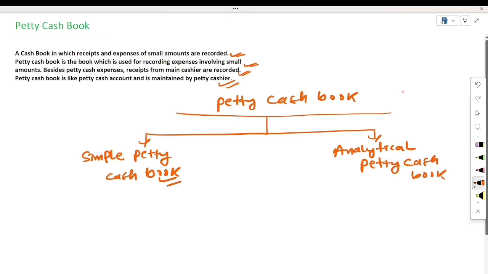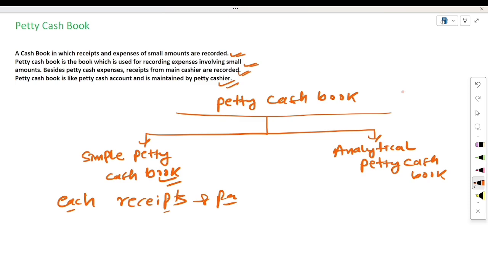In the simple petty cash book, there will be only one column each for receipts and payments. This is a simple petty cash book.